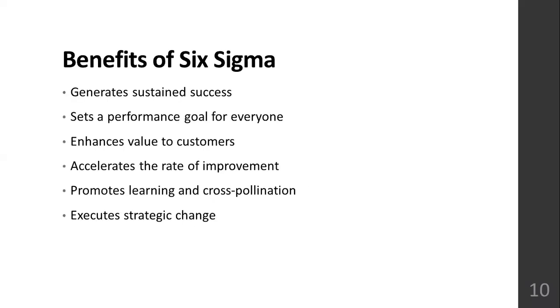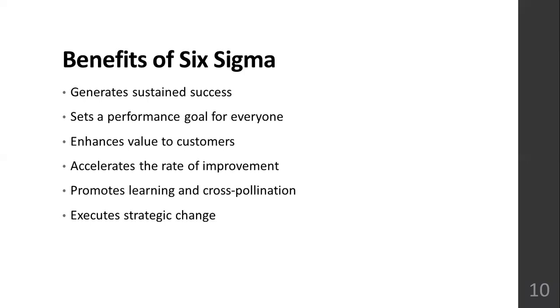Benefits of Six Sigma: It generates sustained success over a period of time. For everyone, Six Sigma helps to set a goal. Every single individual, every single employee will have a goal they have to work towards. It enhances value to the customer. It accelerates the rate of improvement. The way quality improvement happens, it is faster.